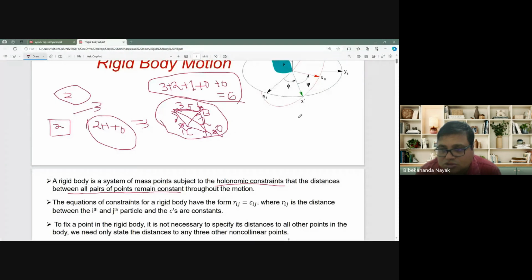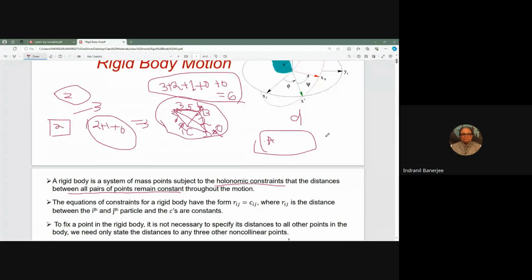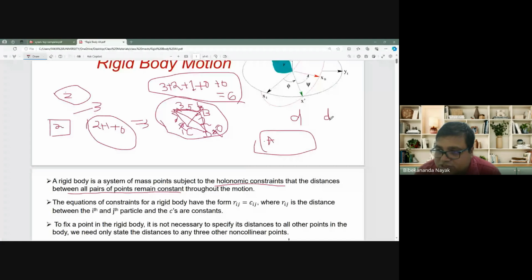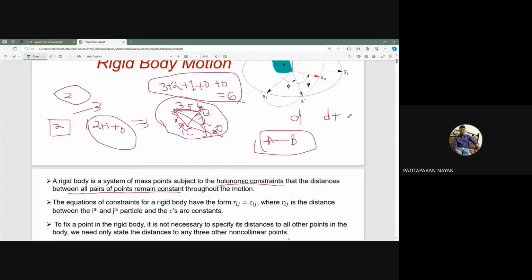If the question is in D dimension, then for the first particle A, how many coordinates are needed? D. For the second one B, we need D, but A and B are related, so D minus 1.